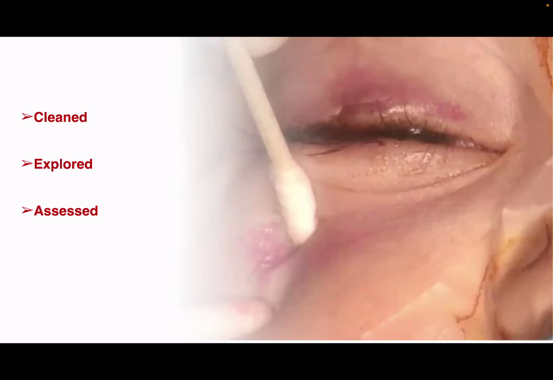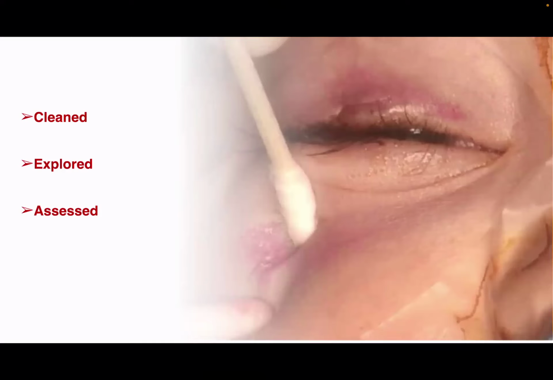How to manage this? Let's consider that we don't have any other globe injury, and our main problem is lid lacerations. The wounds should be cleaned well. I have missed this, and I did it a lot, so I have to tell my colleagues that we should remind ourselves not to forget to check inside the wound if it's deep.